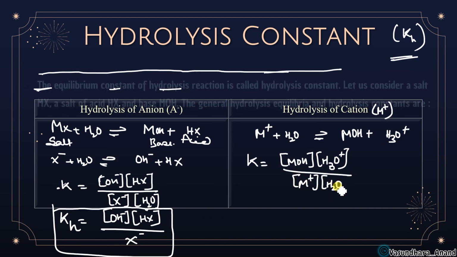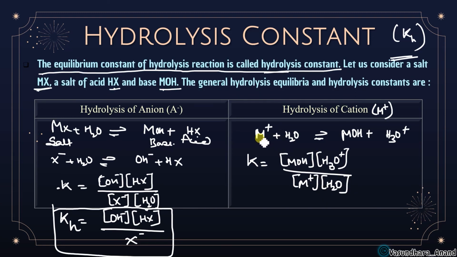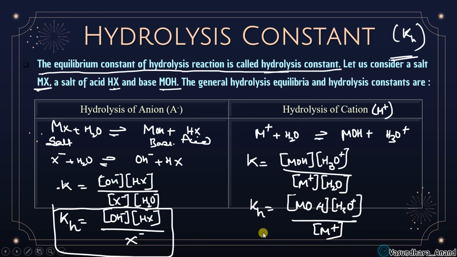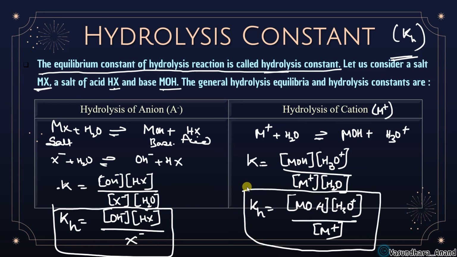Again, this is a constant and this is also a constant. The constant and constant will be another constant, and that is going to be Kh. MOH H3O plus upon M plus. Yes. So that is the hydrolysis constant for cation. Clear? How to find this? Is it clear?